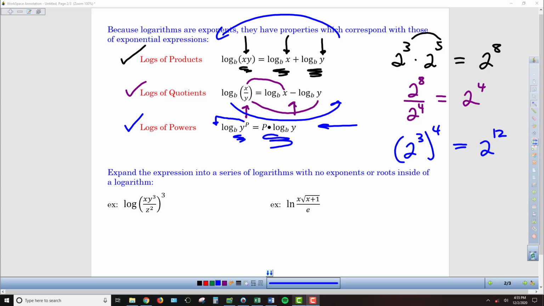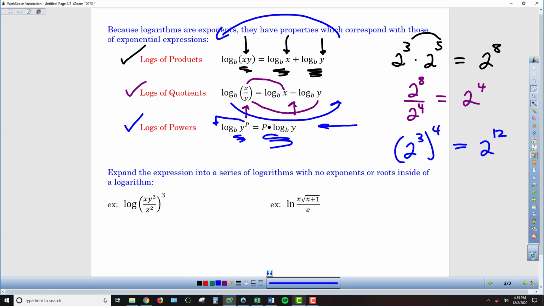So in these examples that we see at the bottom, we have very complicated logarithmic expressions in terms of what's going on inside of the logarithm. So we want to expand this expression into a sum and difference of a whole series of logs using the various properties that we have up above.